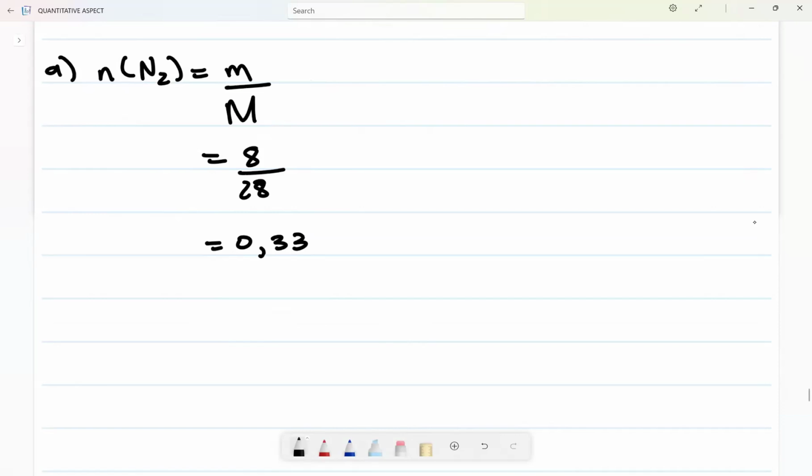Then what you need to do is get the number of moles of your other reactant, which in this case is hydrogen. So number of moles of hydrogen, please indicate this is moles, is going to be mass divided by molar mass.